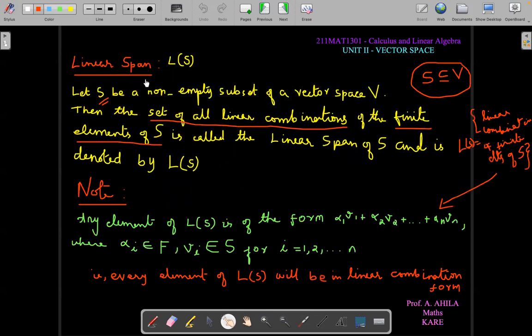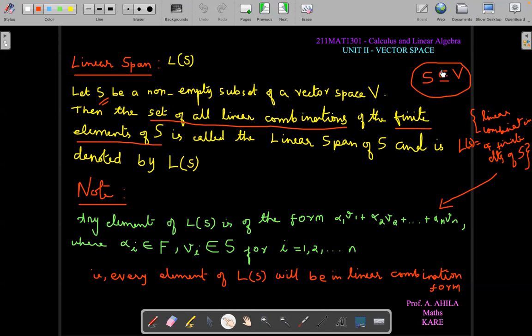Now the linear span we denote by L of S. Let capital S be a non-empty subset of a vector space capital V. Remember, S is a subset of V and it is non-empty. Then the set of all linear combinations of the finite elements of S is called the linear span of S and is denoted by L of S. So what is S?